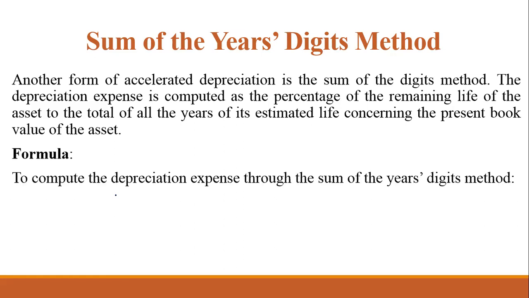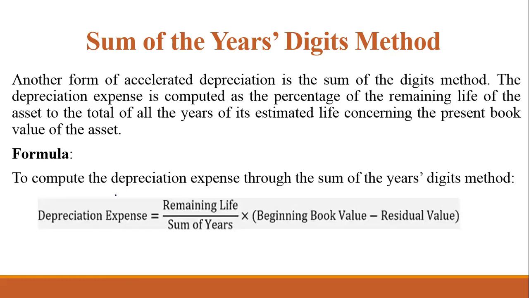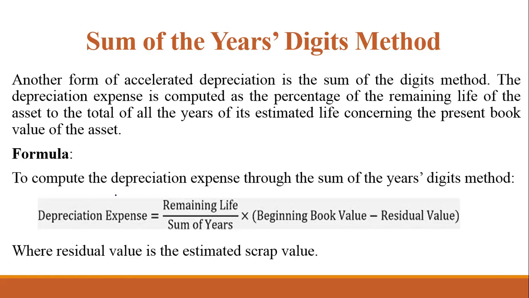So this is the formula. The depreciation expense is equal to the remaining life over sum of years times the difference between the beginning book value and residual value. The residual value here is the estimated scrap value.